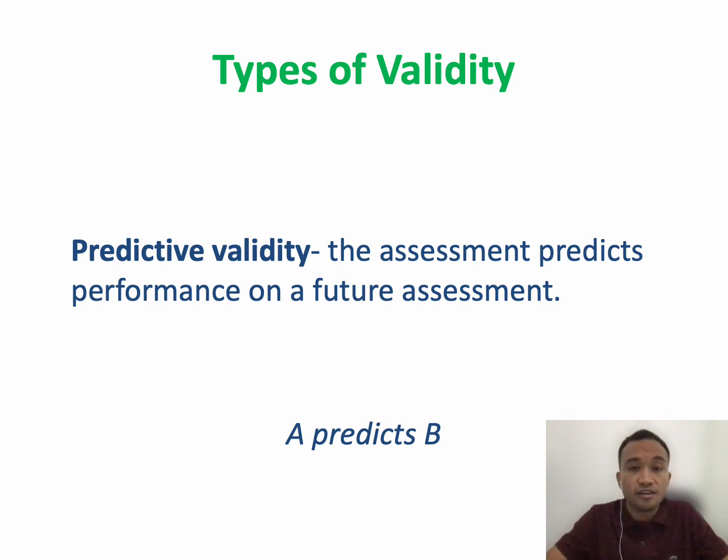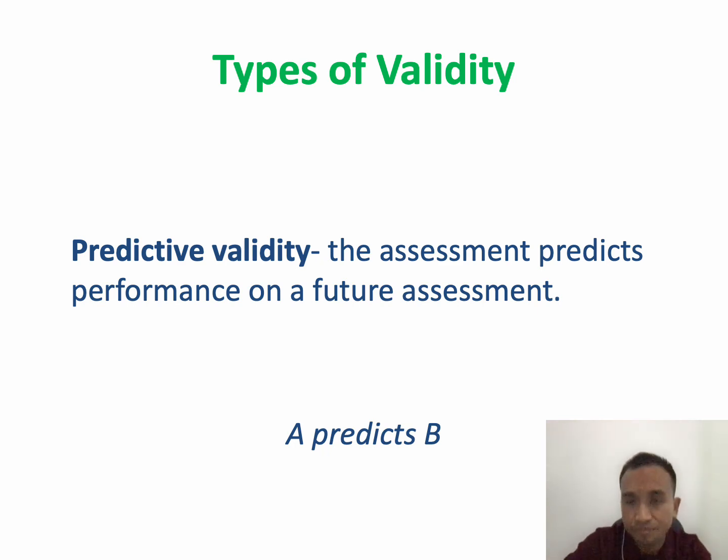Let's say when you were in high school and you want to continue your degree at UIN Alauddin Makassar, then you take an exam like UMPTKIN, for example. It was designed and intended to be used to predict the freshman year grades, right, in your first year in higher education.